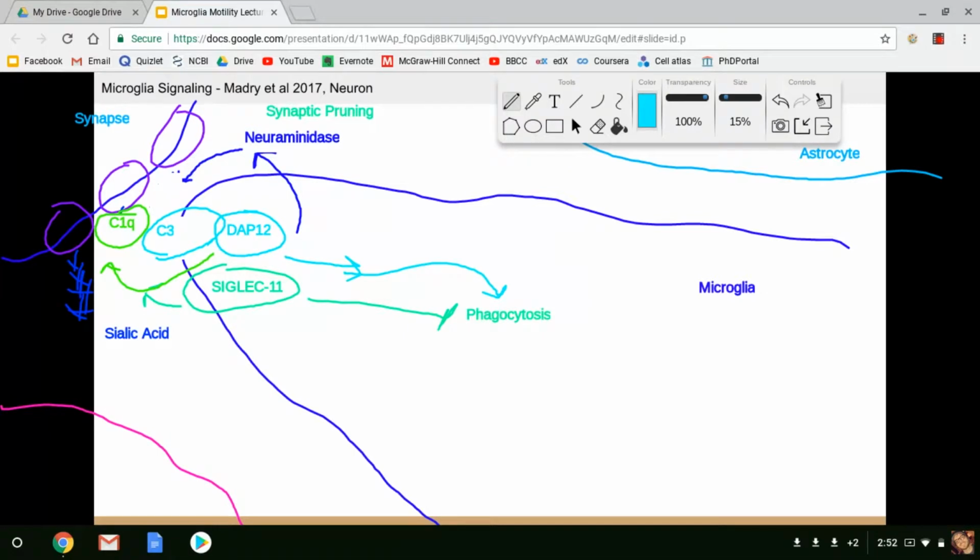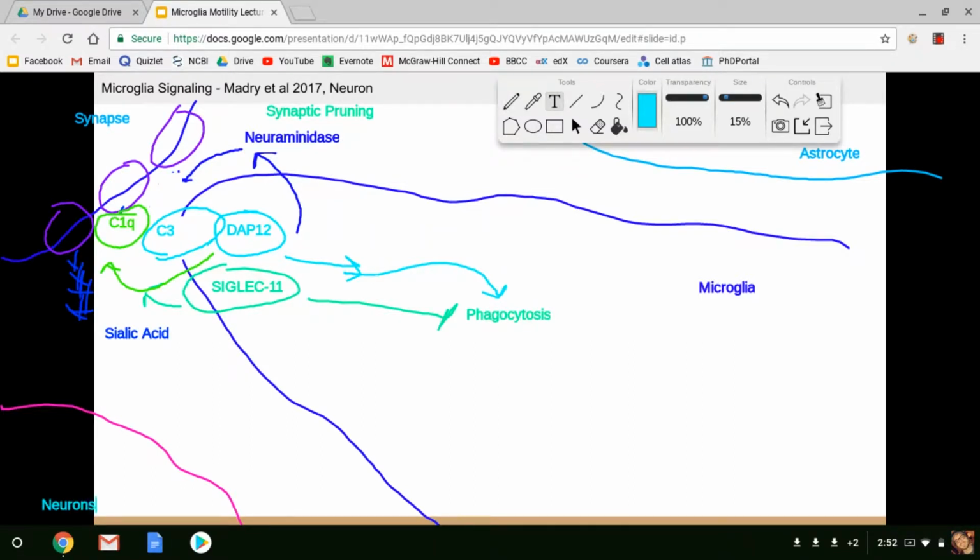So neuraminidase gets released, it chews up these sialic acids, and this allows C1q to bind to the desialylated receptors, which can then bind C3, the receptors on microglia, and through this DAP12 adapter, it initiates phagocytosis. I'm not exactly sure of the particular pathway at this point, but that's the general pathway we're discussing. And this is the process of synaptic pruning. This is how synapses are selectively eliminated by microglia: they recognize desialylated receptors on the synapse.